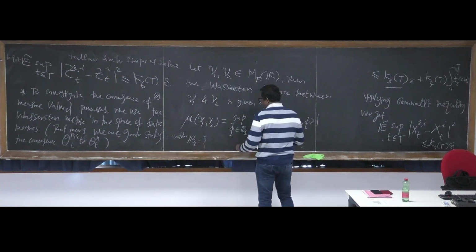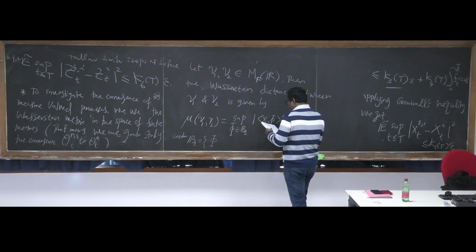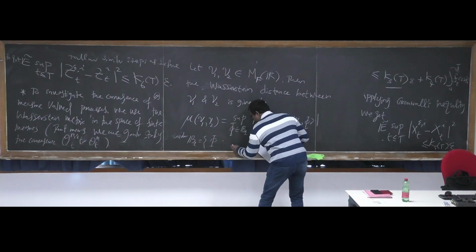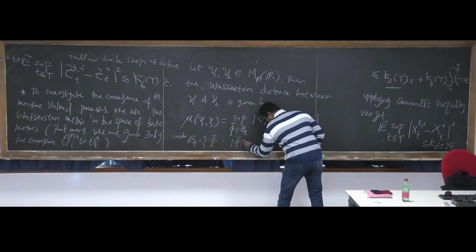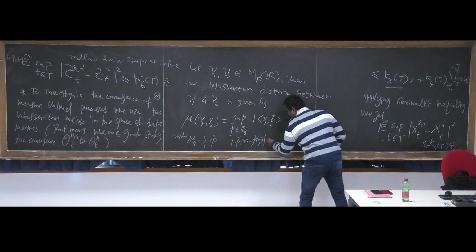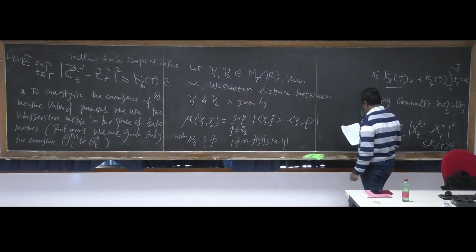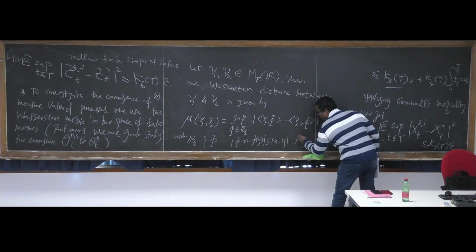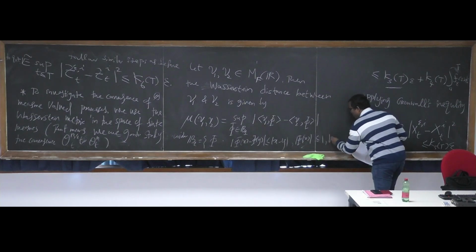This actually consists of functions phi such that they are Lipschitz continuous with Lipschitz constant 1 and also bounded by 1, for all x belonging to R.